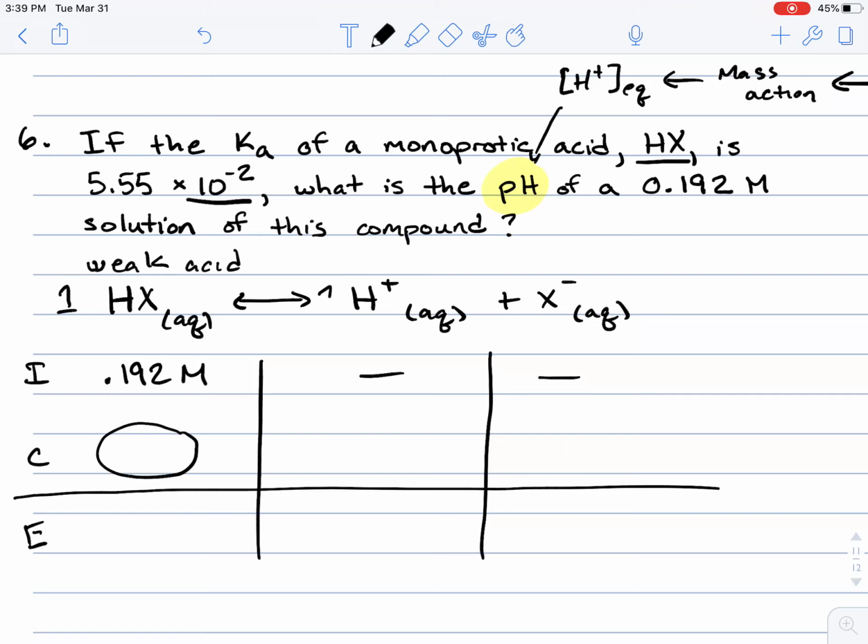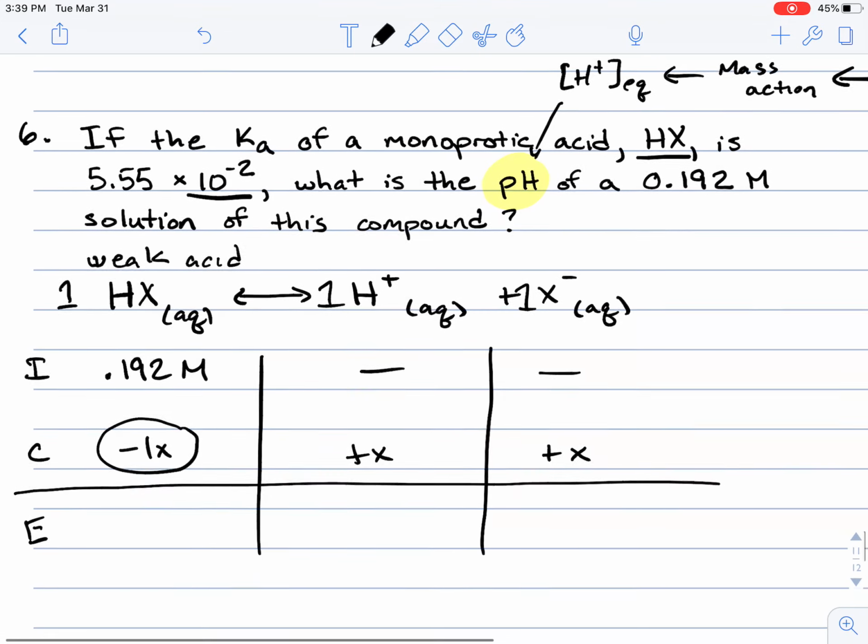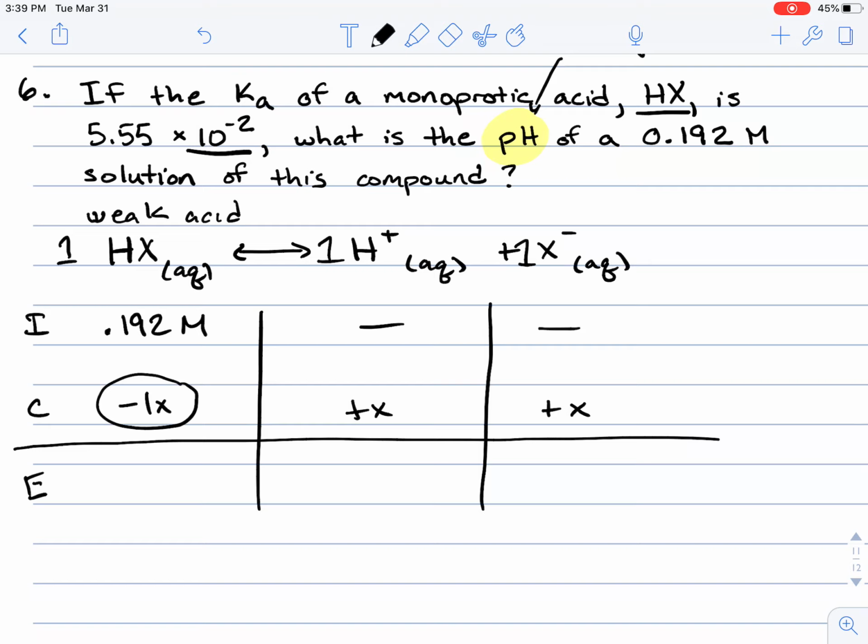And since this is a 1:1:1 ratio, this is letting us know that we have a minus 1x in our change for HX, plus x for H plus, and plus x for X minus. Should have changed the x to something else. It's okay, we'll work with it.